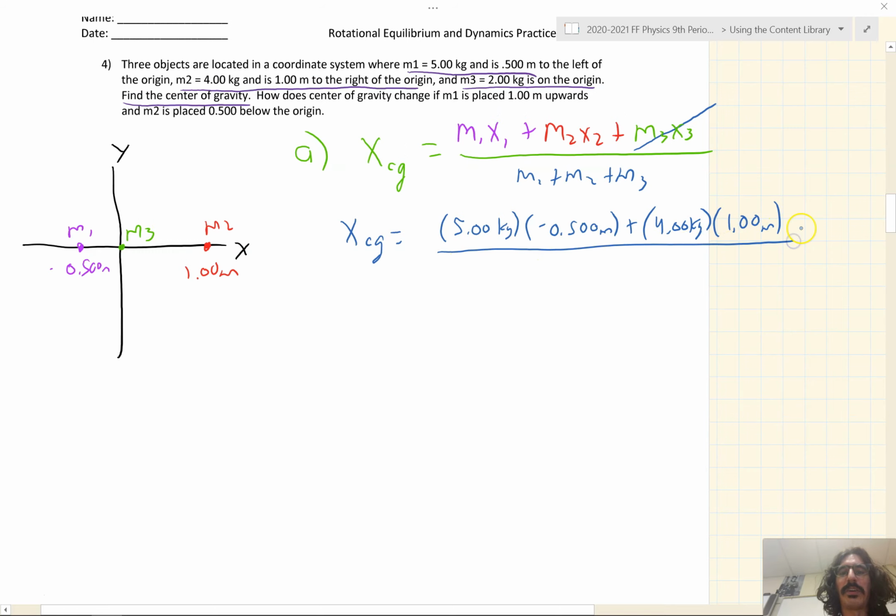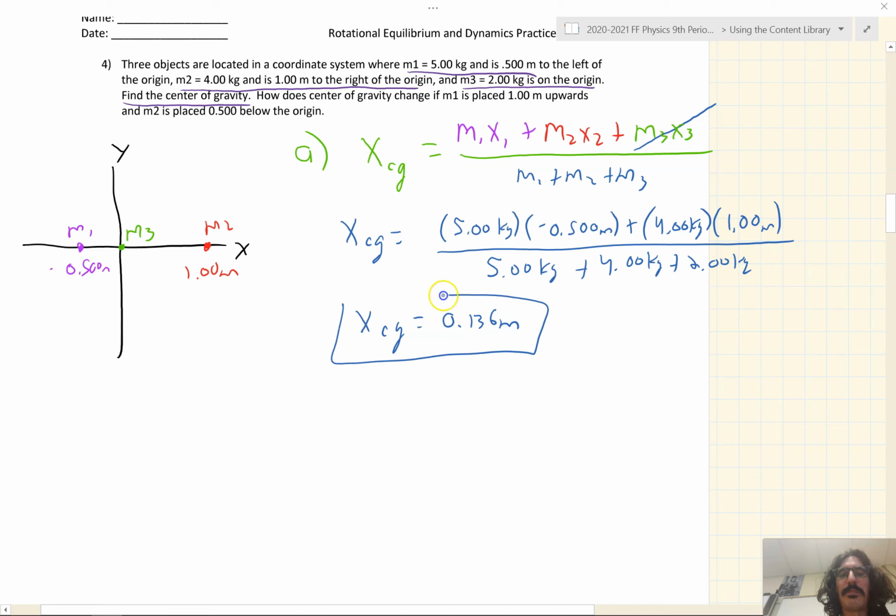And that's all over the sum, so 5 kilograms plus 4 kilograms plus 2 kilograms. Plug and chug, that gives us an x center of gravity to equal 0.136 meters.